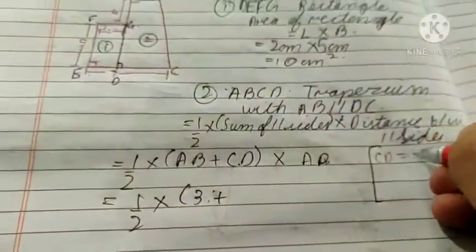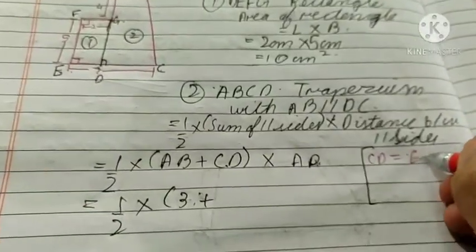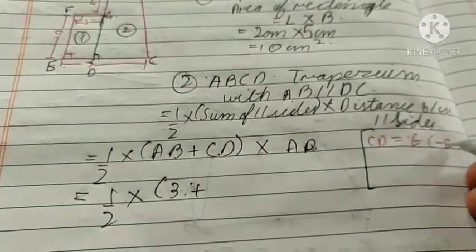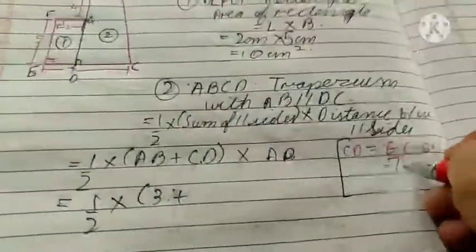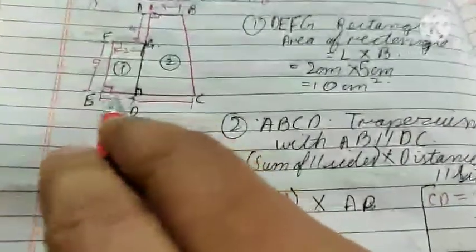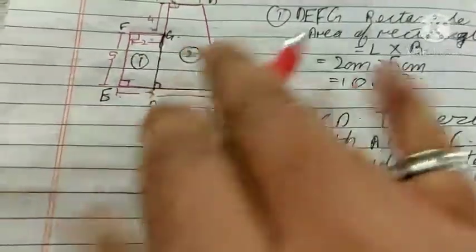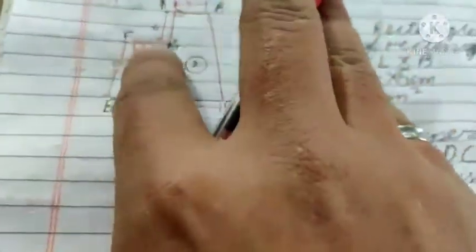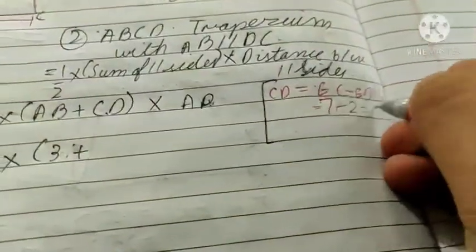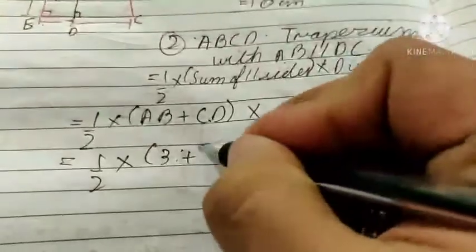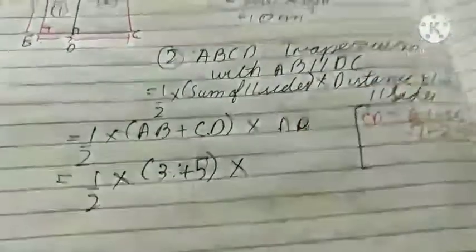Here CD will be equal to EC minus ED. That is this full side, 7, minus ED. ED here is 2 centimeter. This is 2, so this is also 2, as this is a rectangle. So ED is 2 centimeter, so it will be 5. So CD is 5. So we will write 5 in place of CD.